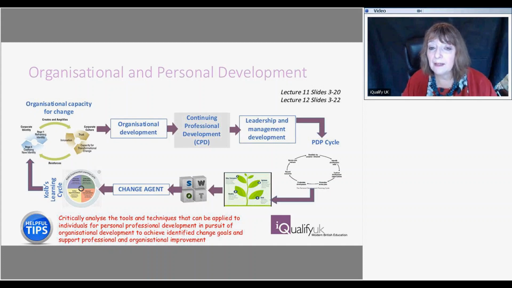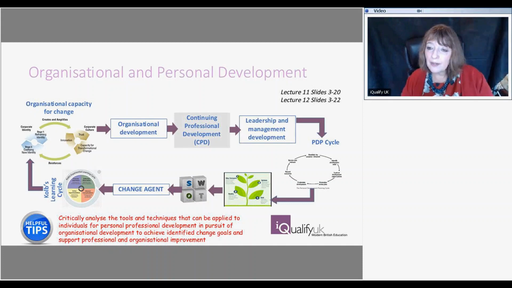And then we had leadership management development, what's considered most important for a leader, which brings us to the PDP, which you will recall means personal development planning. Our next stage was to look at the PDP cycle, that's personal development planning cycle.